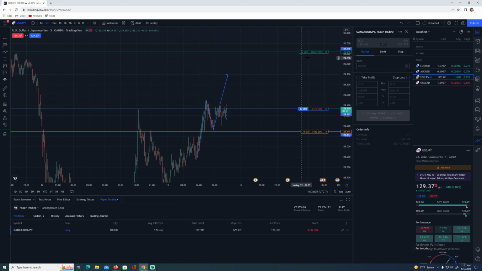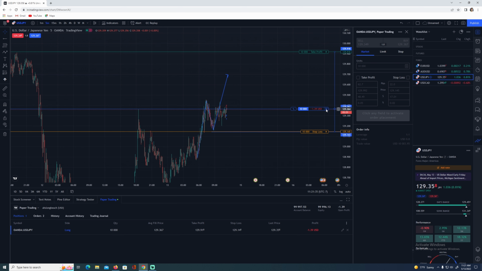Our profits will get locked in, and that will be a winning trade. But if we were wrong in our analysis, price can just come here and then reverse, and if it hits our stop loss, then we'll be down $17 in our account. Okay, that's how trading works.